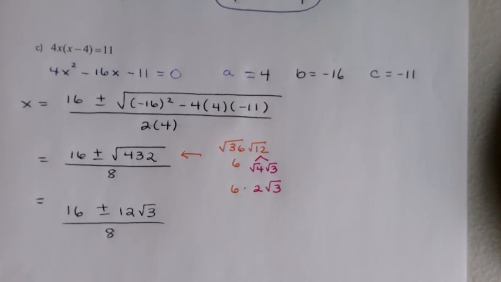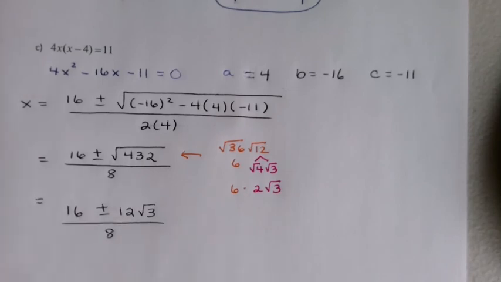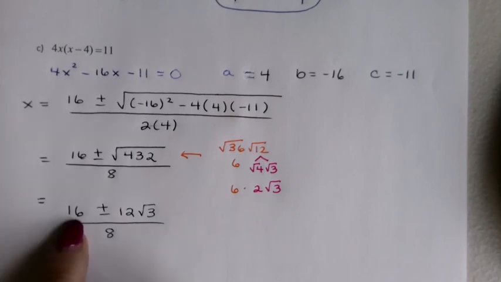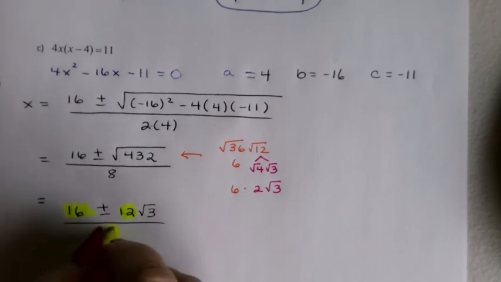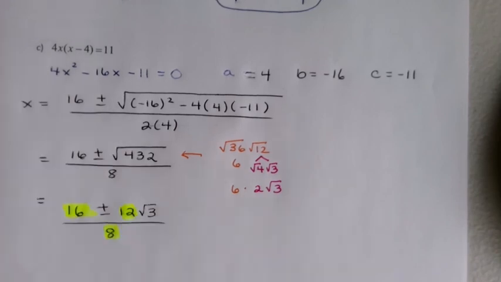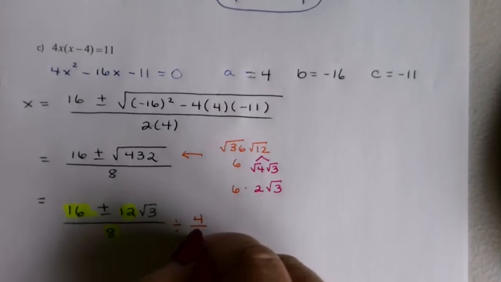All right. The last thing I want to do is ask, can I simplify that any further? This one is not imaginary, right? Not a complex number. It's just all real numbers here, so it is okay to keep it all as one big fraction. But I'm going to notice that these coefficients are all divisible by 4, right? So let's divide by 4 over 4.